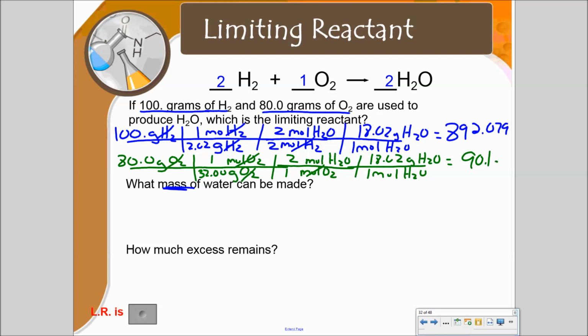All right, so which one of these gives us the least amount? The least amount is the 90.1 grams. So whatever gave us the least amount, that must be the limiting reactant. So the limiting reactant is the oxygen.